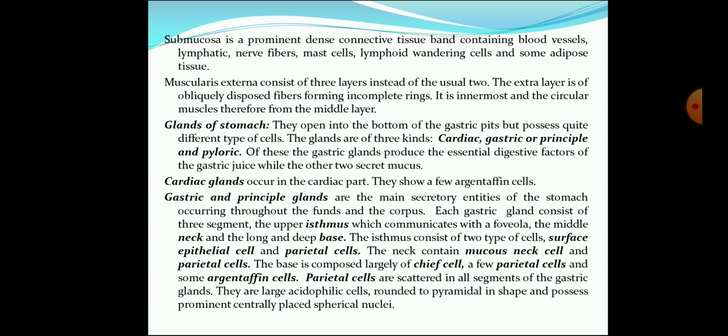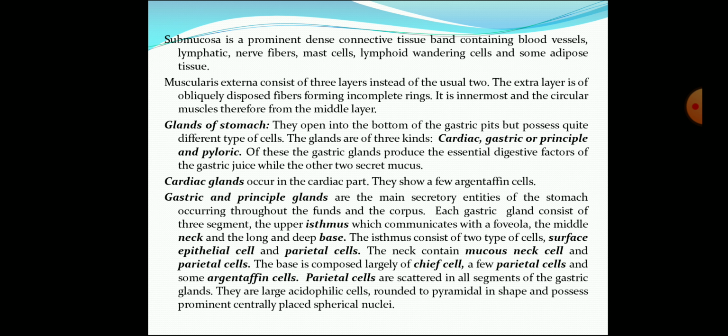Parietal cells, also known as oxyntic cells, are scattered in all segments of the gastric glands. They are large, acidophilic cells, rounded to pyramidal in shape, and possess prominent, centrally placed spherical nuclei. The cytoplasm consists of mitochondria. It also contains few rough endoplasmic reticulum and some free ribosomes. A Golgi apparatus is located between the nucleus and the cell base.